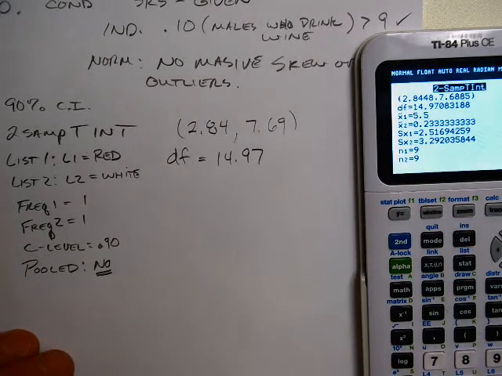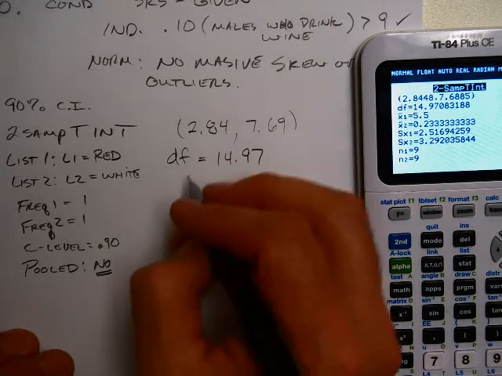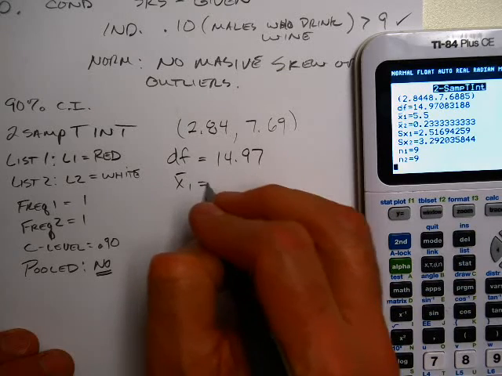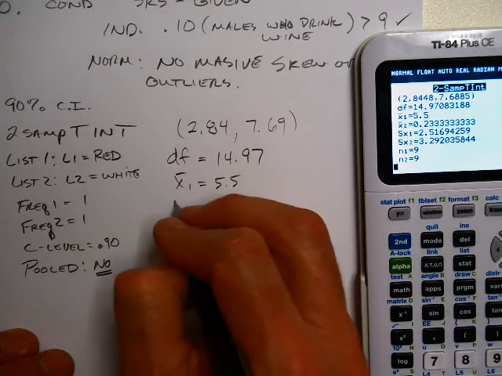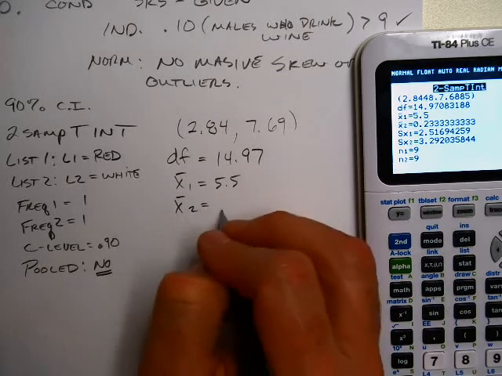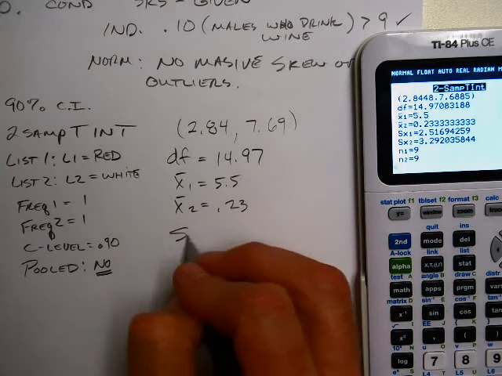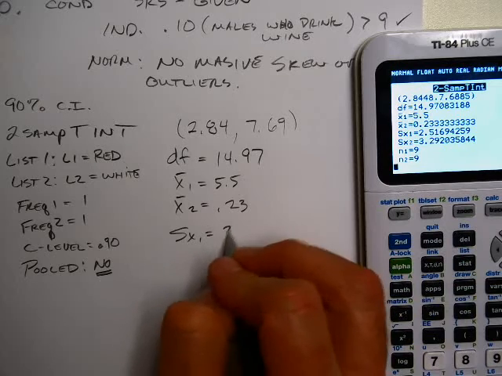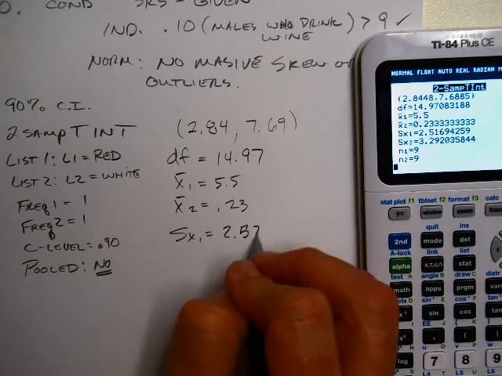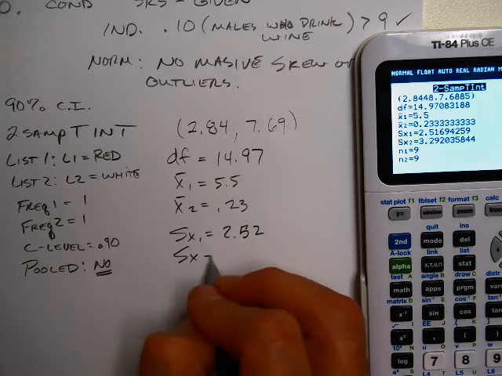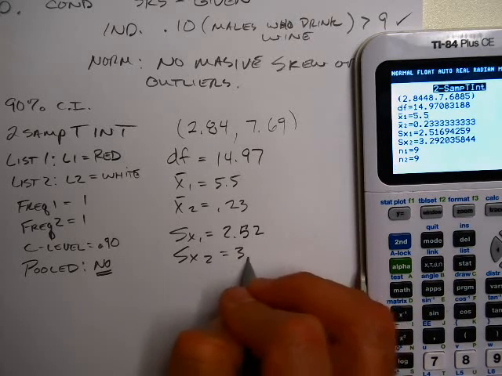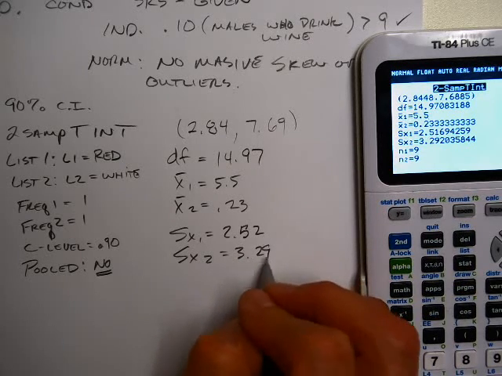That's what we wanted because we didn't want to do that gnarly thing. X bar 1 is 5.5. X bar 2 is about 0.23. Sx1, 2.52. Sx2, 3.29-ish.